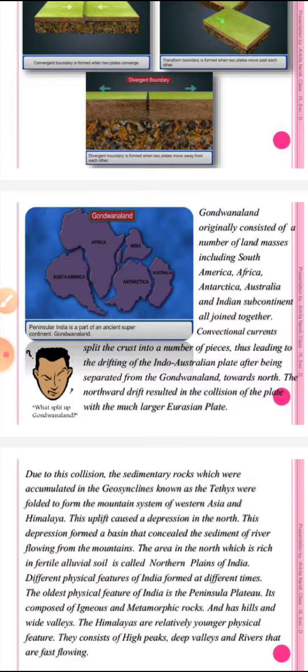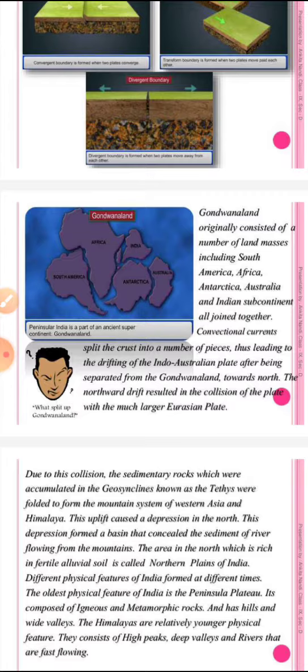These convectional currents move from the core of the earth toward the crust and continuously dash against the crust. This process is continuous in nature. Due to this continuous clashing of the convectional currents with the outer crust, Pangaea broke into a number of pieces, and these pieces are known as tectonic plates.